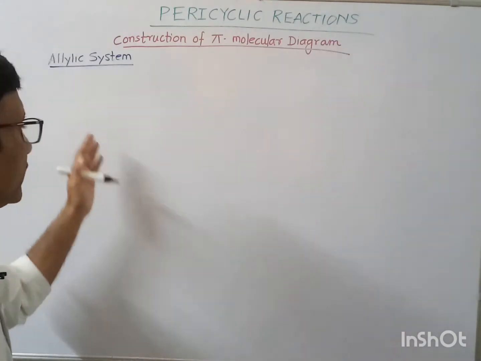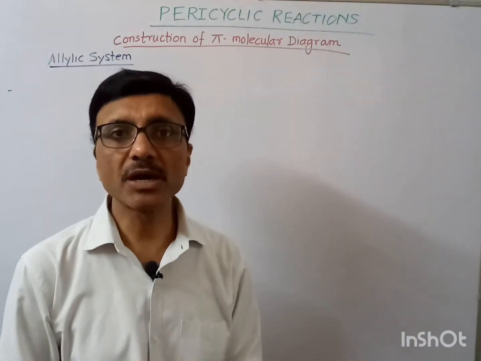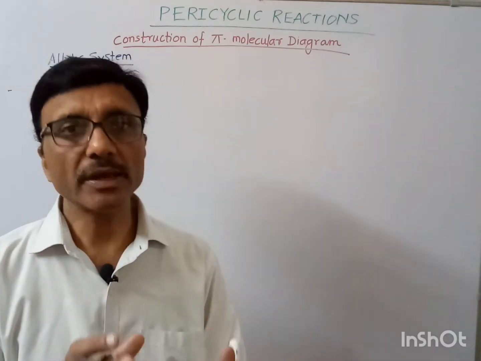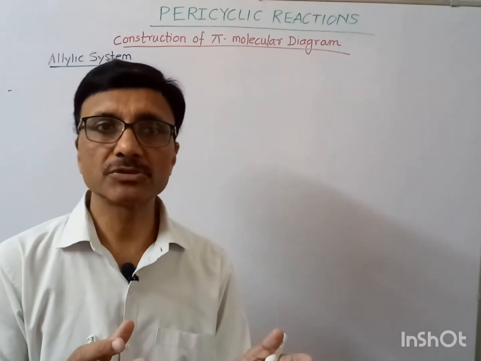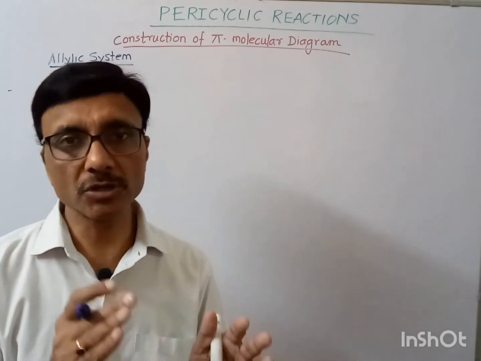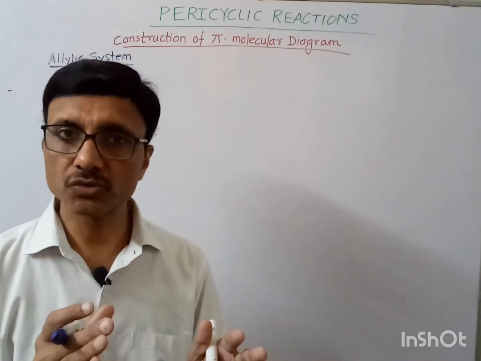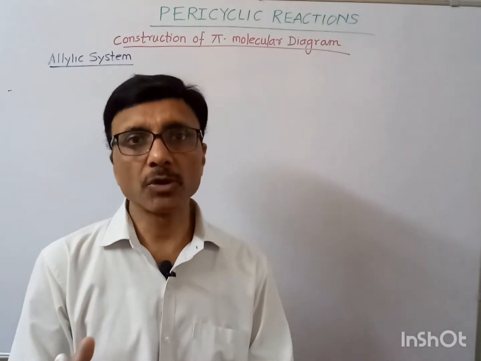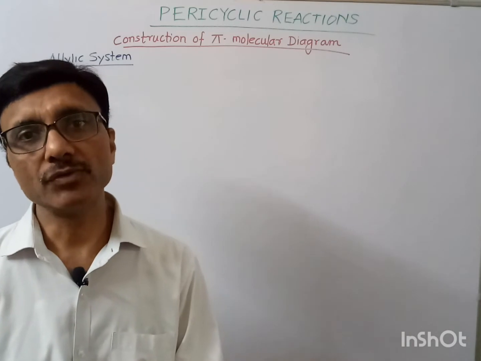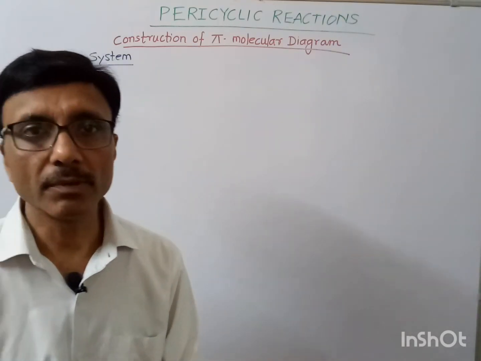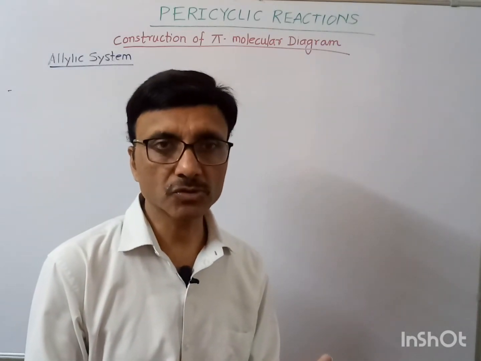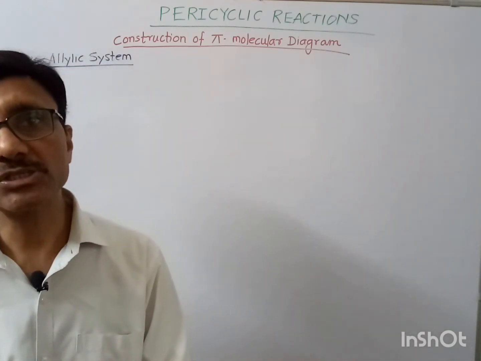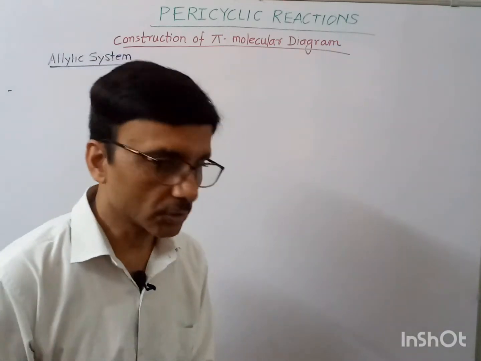So here in the allylic system, these are 3 carbon systems. So here also, if we have 3 atomic orbitals, 3 carbon systems, then the number of molecular orbitals formed would also be 3. So 3 atomic orbitals combine together to give you the same number of molecular orbitals. Okay, so odd atomic orbitals combine together to give the same number of odd molecular orbitals.